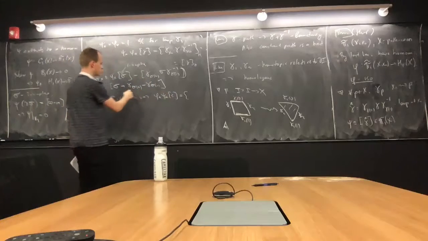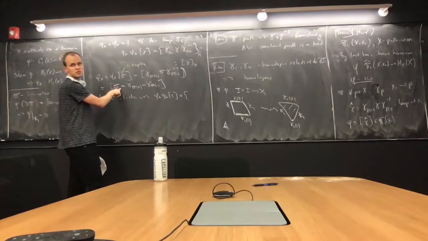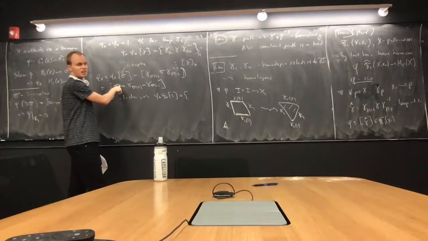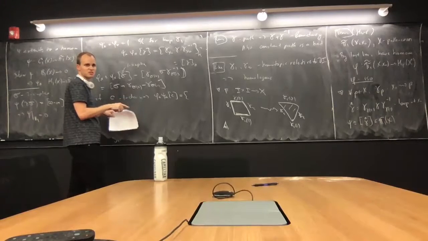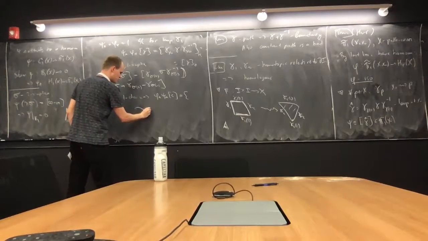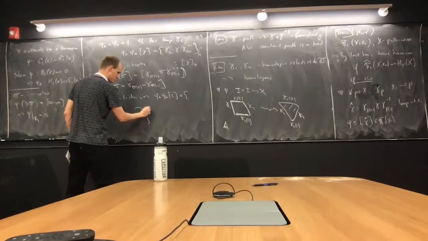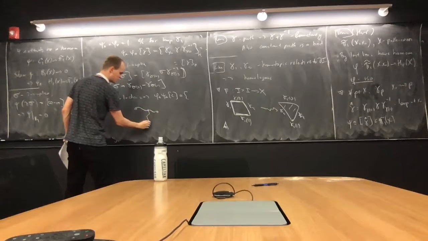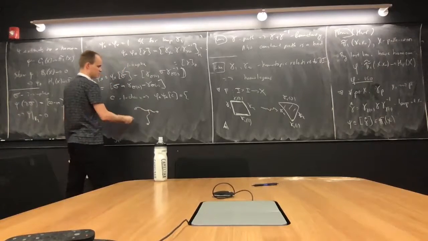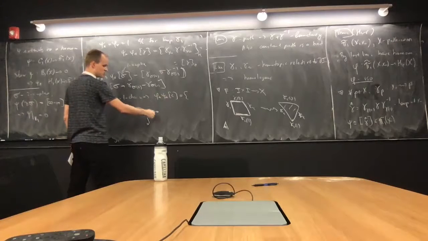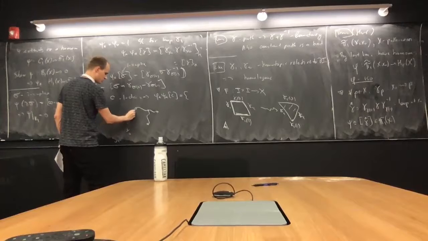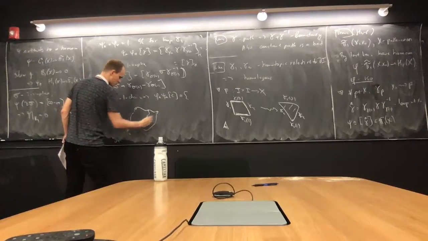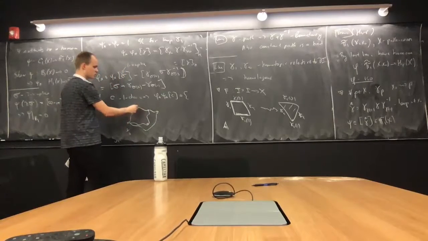So the image of C is going to be the sum of the simplices in it, so C itself, and then plus a bunch of paths going into the endpoints of C. So if C is something like that, then the image of C is going to be C, and then plus these paths, respecting the orientation.